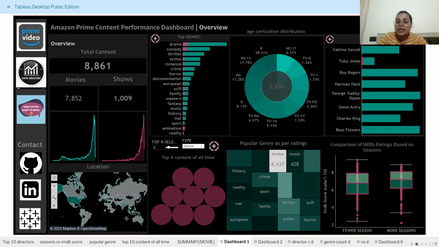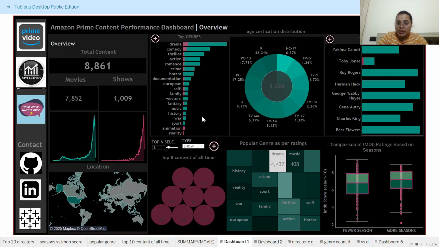So let's talk about the genre here. As per the total number of content, the genres that are leading are drama, comedy, thriller. But that is all about quantity over a period of time.